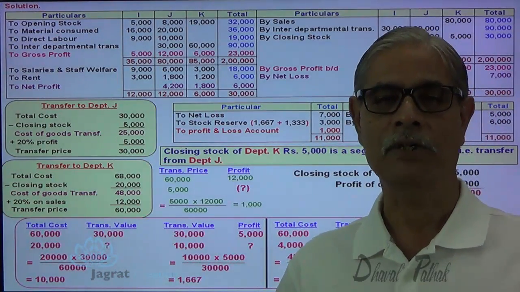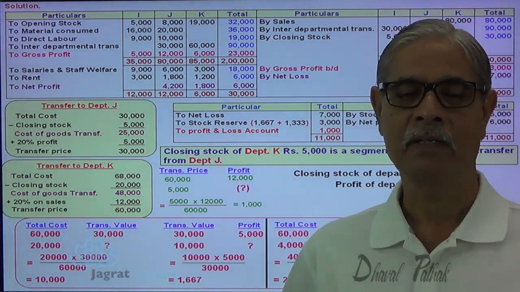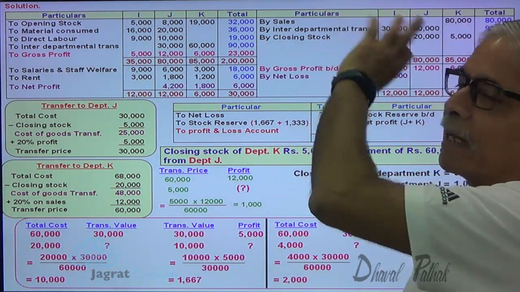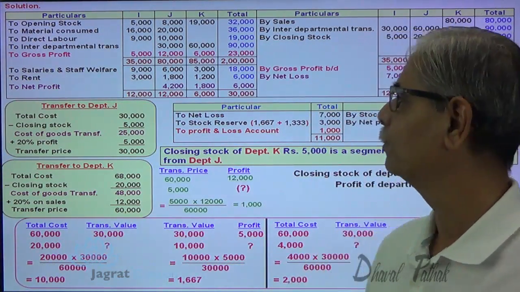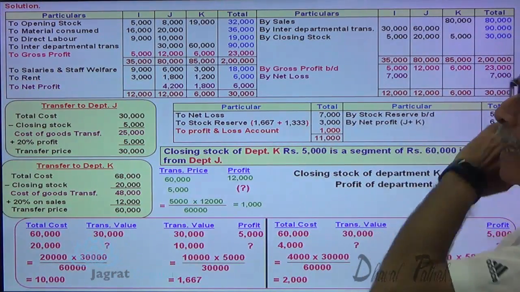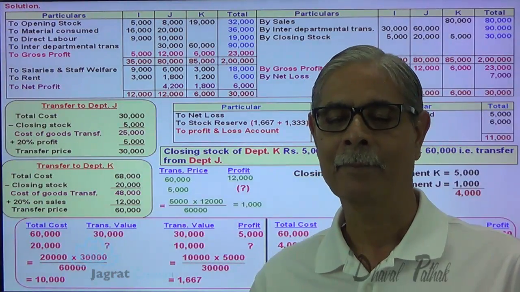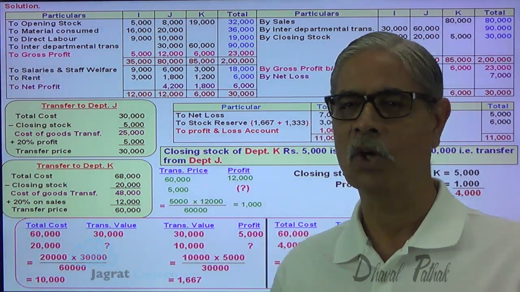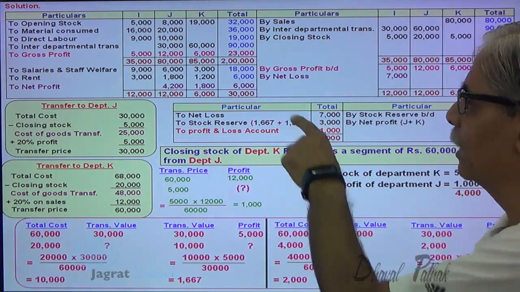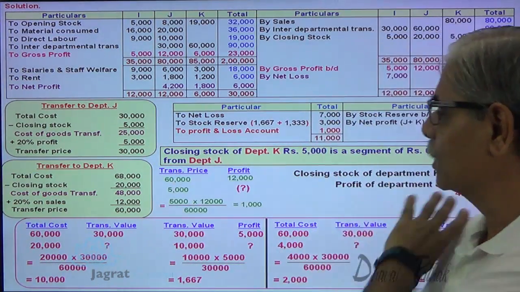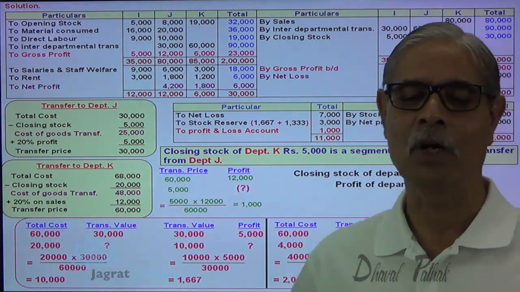Now I have tried to explain this sum. In this sum there are two limitations. I have not recorded the title of the trading account that I should have recorded. Similarly, I have not recorded the title of the profit and loss account. Notice that. It is not that I have forgotten, but it was not possible for me to write down the title on the screen, because look at the content that I have brought on the screen.